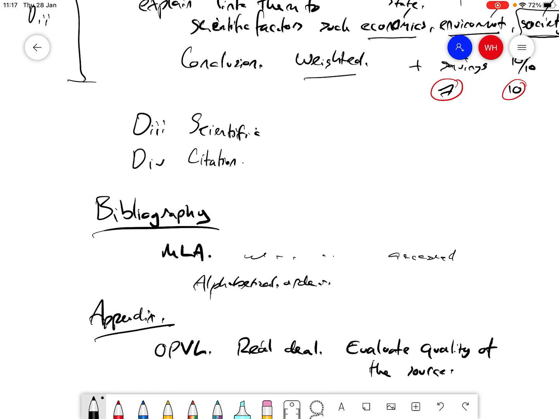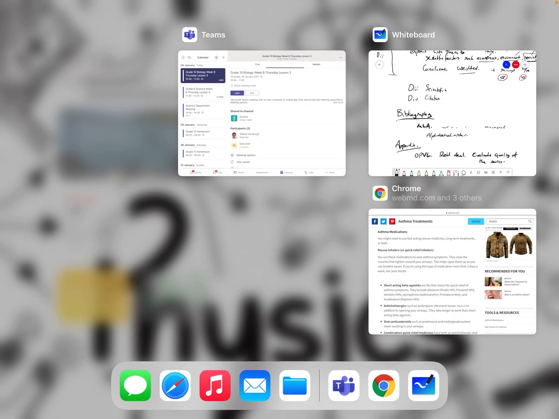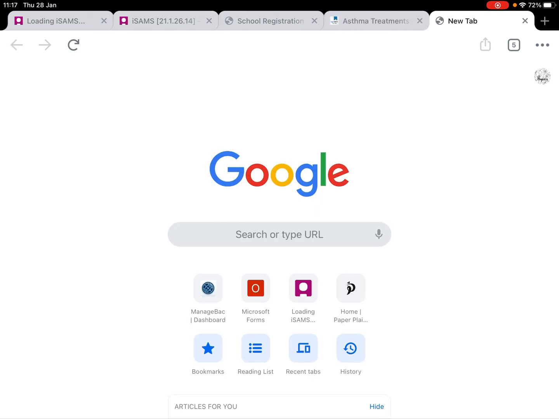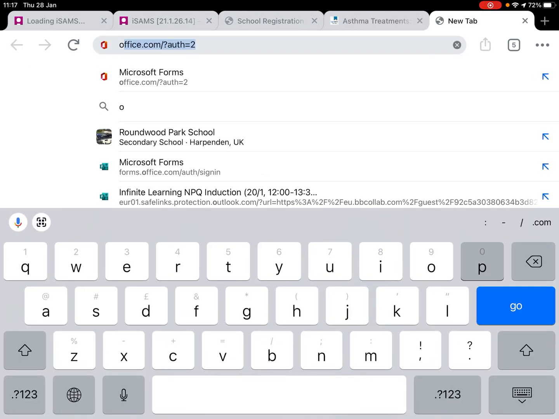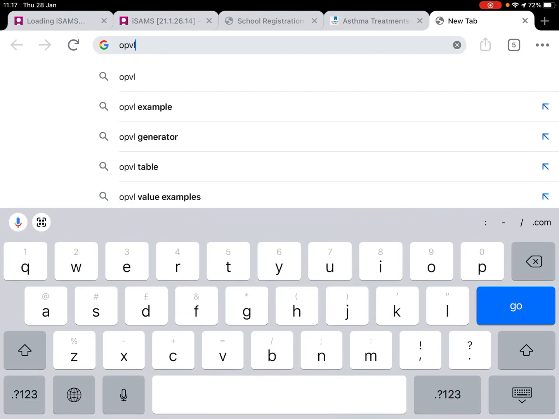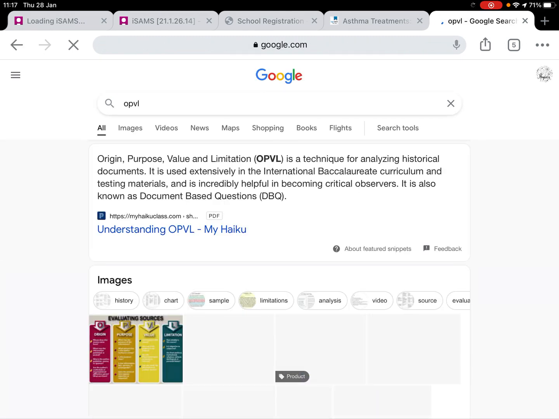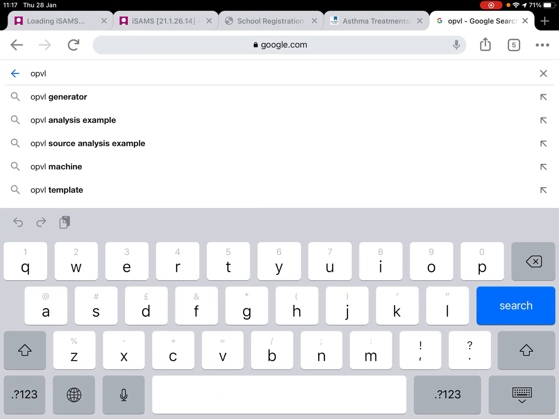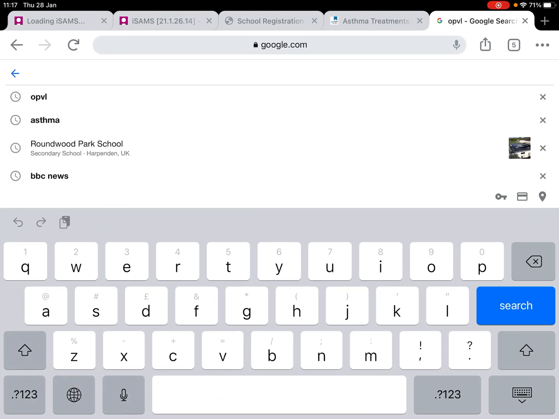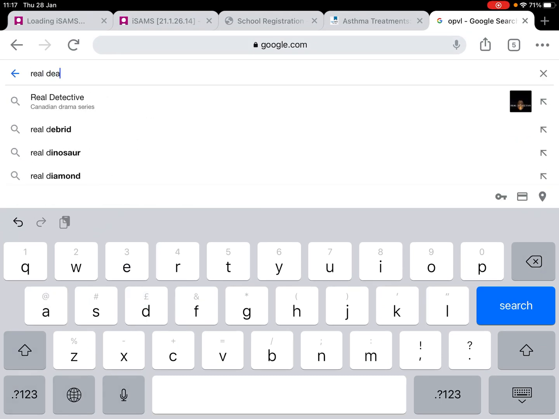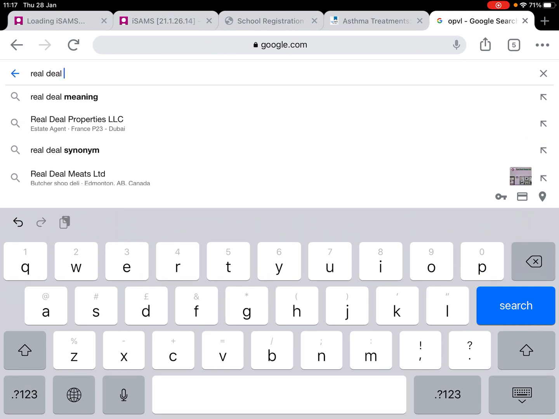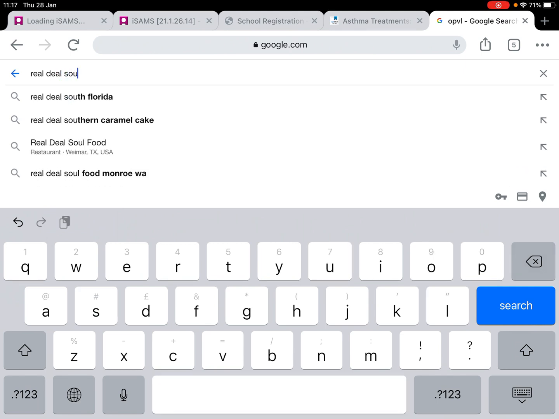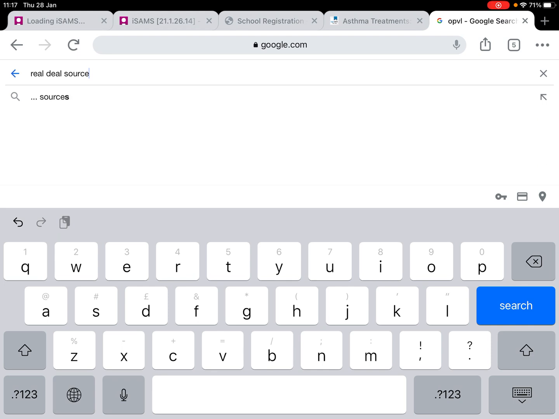You consider bias, you consider some other things. I guess they are on the internet. I know that OPVL is a way of evaluating it, but I think the one that I've seen used in this school is called the real deal source evaluation.